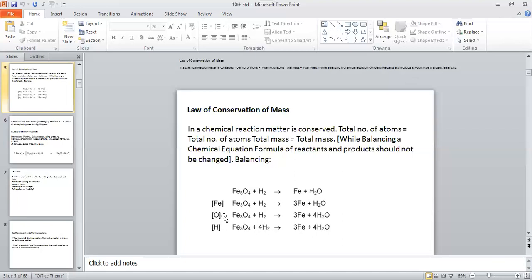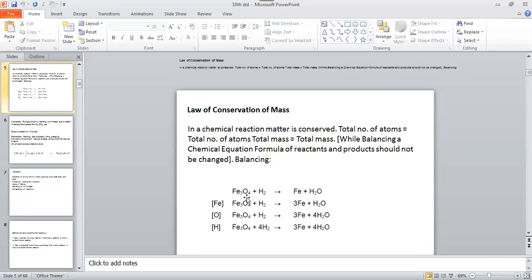Actually, oxygen and hydrogen are also non-metals, but the order of balancing any chemical equation is first metal, then non-metal, then oxygen, and then hydrogen. Here we will see one example.